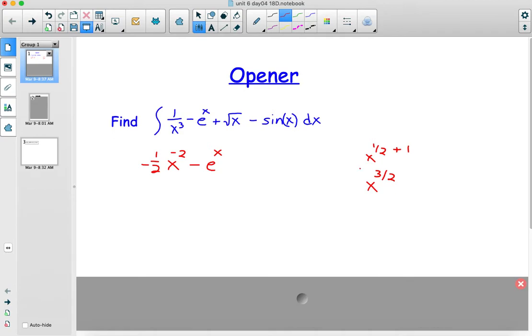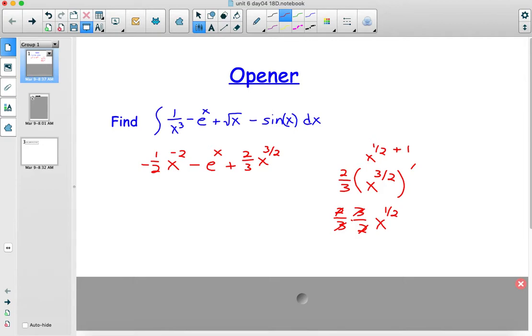But if I take the derivative of x to the 3/2 power, I get 3/2 x, and then when I subtract 1, I have 1/2 power. That's close to what we need, except we don't need the 3/2. So I need to offset that with the reciprocal 2/3. Now when I take the derivative, I just get x to the 1/2. So we're going to have plus 2/3 x to the 3/2 power.